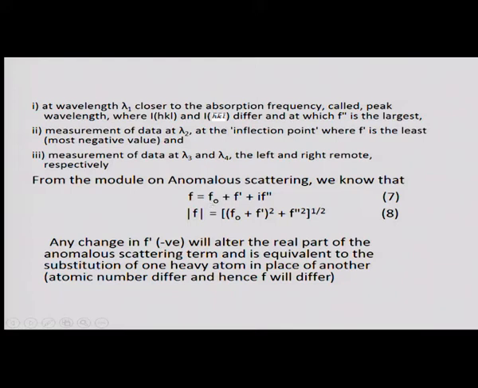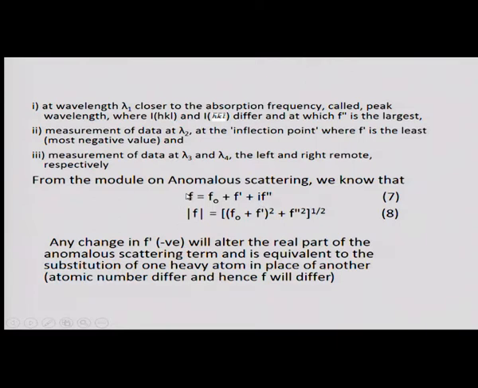In X-ray crystallography, if the incident wavelength or the incident frequency of X-rays matches with the absorption frequency of a heavy atom in the protein, then the atomic scattering factor F, which is normally F naught, the real part, starts to have two corrections, one in the real part which is a negative value, and another in the imaginary part which is a positive value.